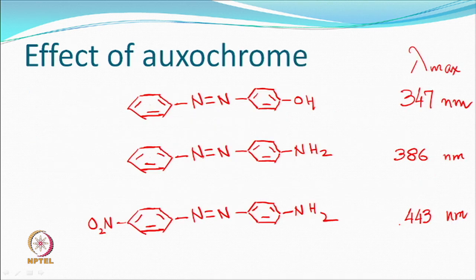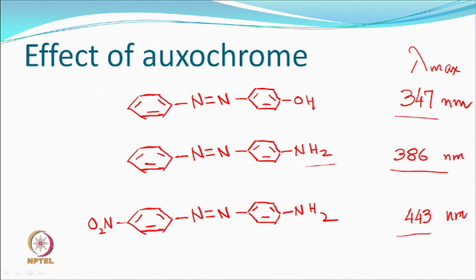Look at this structure. You have OH here, there is a lambda max, some 347 nanometers. If this is changed to NH2, it increases because this is more electron donating.